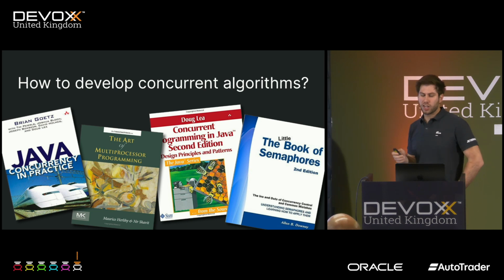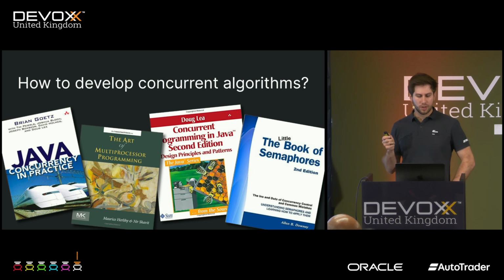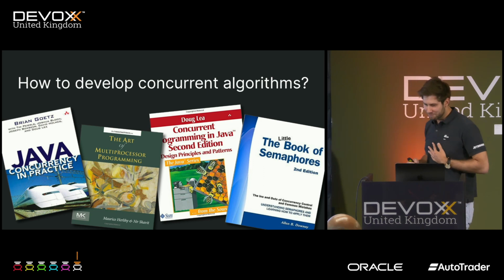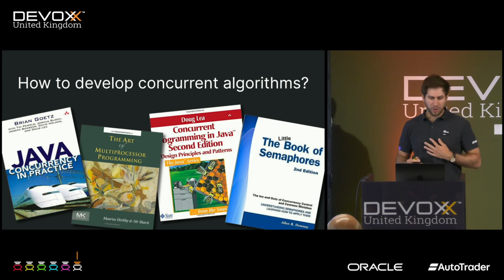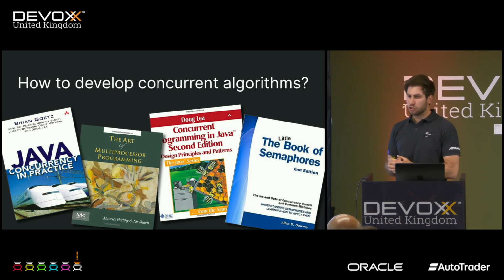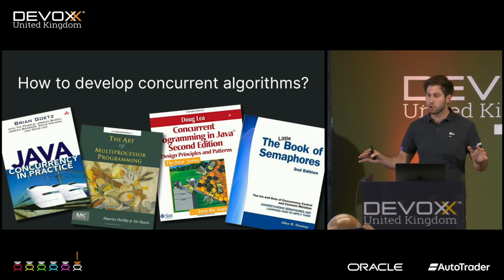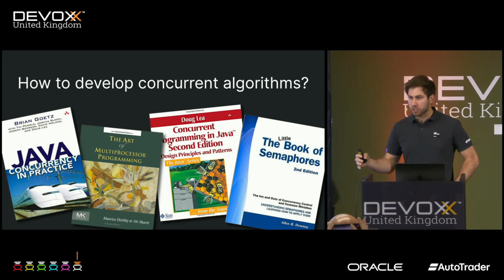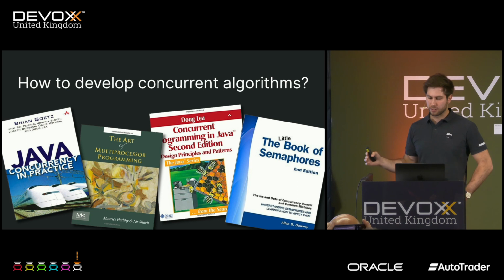So you might ask, Nikita, what should I do to develop a new concurrent algorithm? Glad you asked. Well, a couple of years ago, I would say that you need to read a lot of books on concurrent programming. You need to read popular papers published at top conferences.